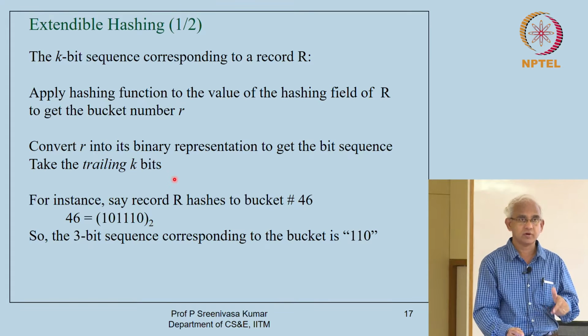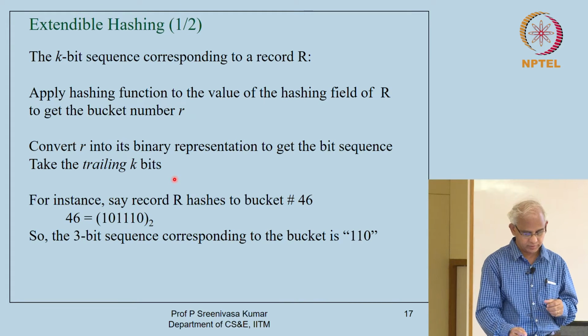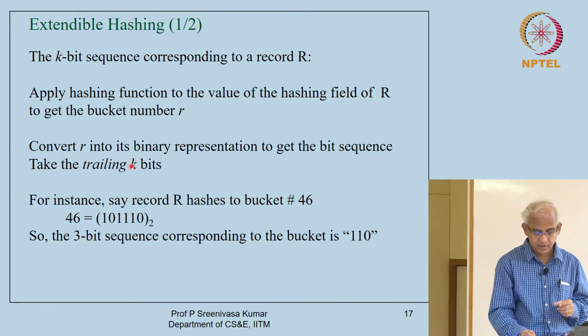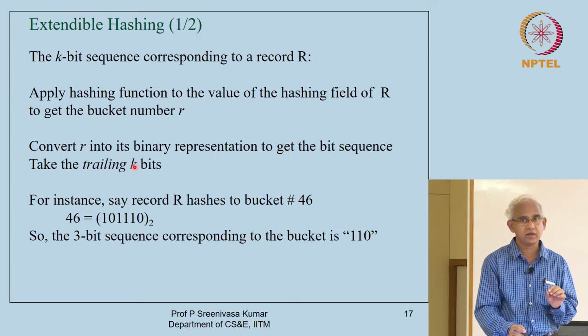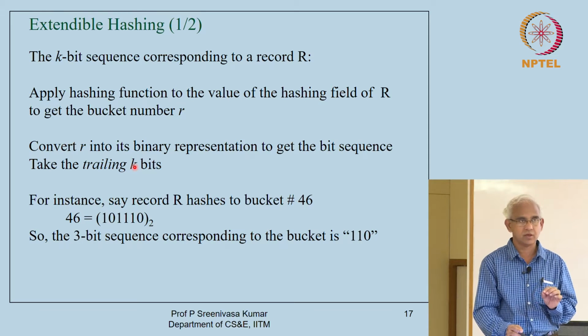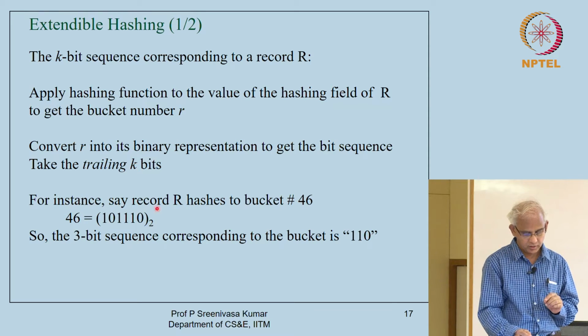Now we will see how exactly we make use of these k-bit sequences, and this k will actually vary over the usage of this scheme. For instance, if you get a bucket number 46, you convert that into binary, and a 3-bit sequence corresponding to this bucket would be 110.